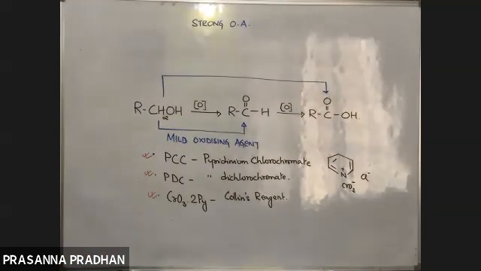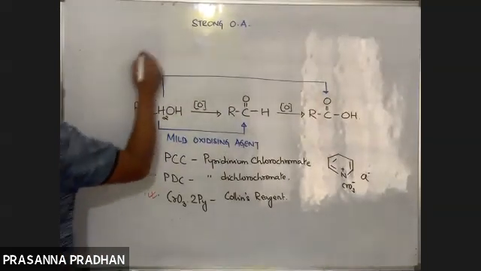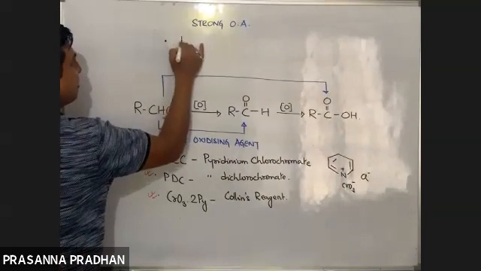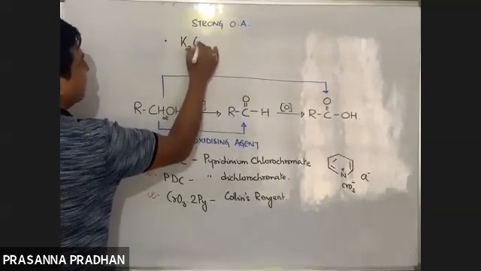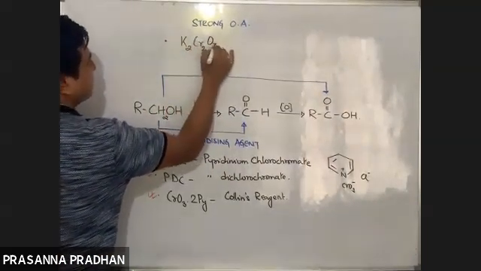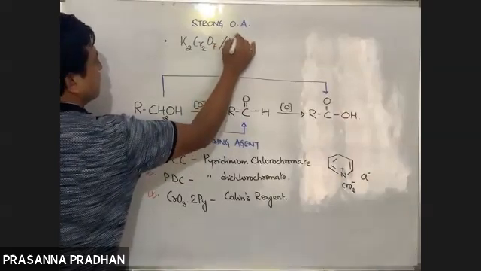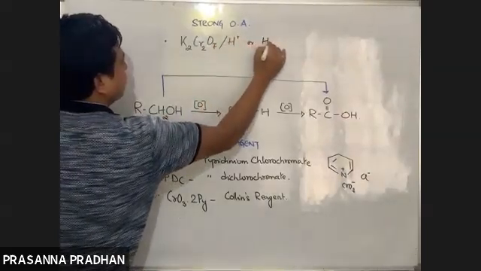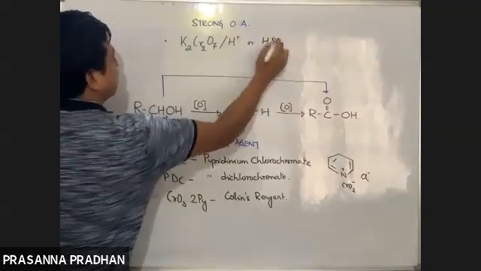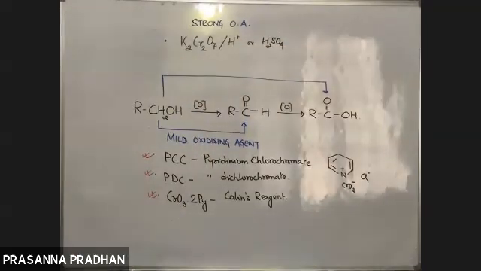So what are the examples of strong oxidizing agents? You need to remember all this. One is acidified potassium dichromate, H positive, or instead of H positive, H2SO4 might also be given. Don't worry, there's an entire chapter on this potassium dichromate.